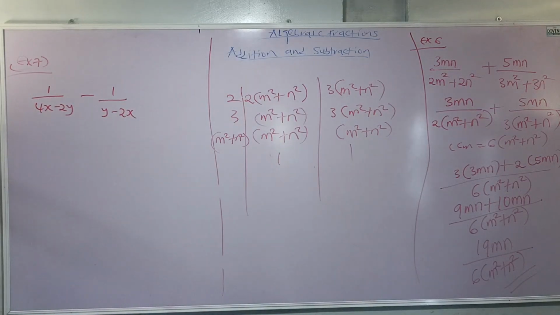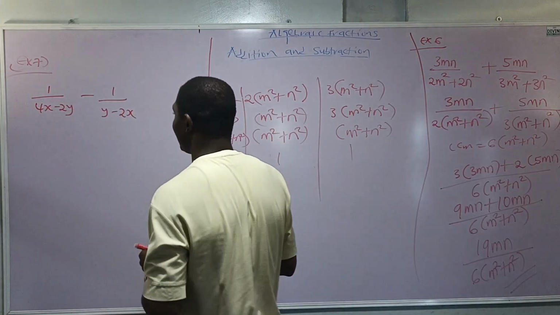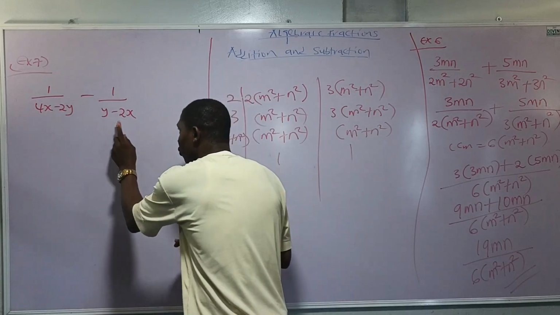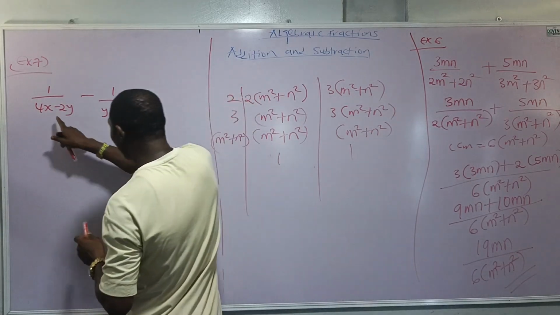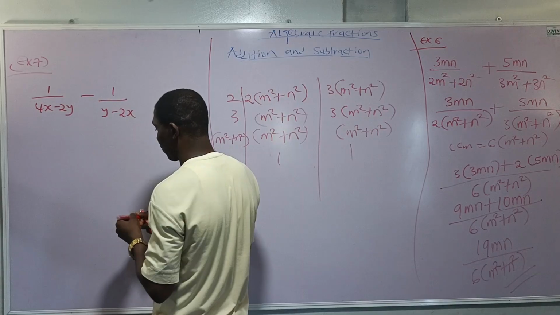How do we simplify that? Now first, let's look for what's common. There's nothing common here, but something is common here, which is 2.